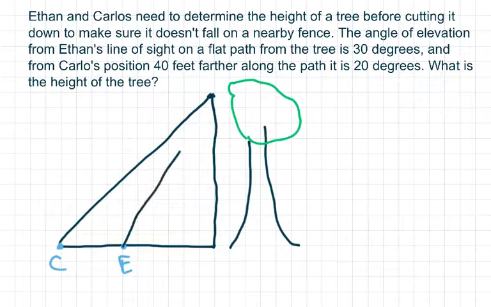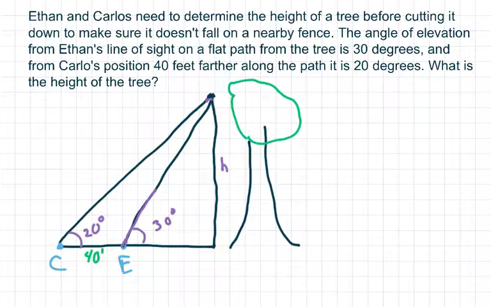The angle of elevation of Carlos is 20 degrees, and Ethan's line of sight is 30 degrees, his angle of elevation. These are supposed to be straight, by the way. And we have to find the height. Now, Carlos is 40 feet farther along than Ethan.